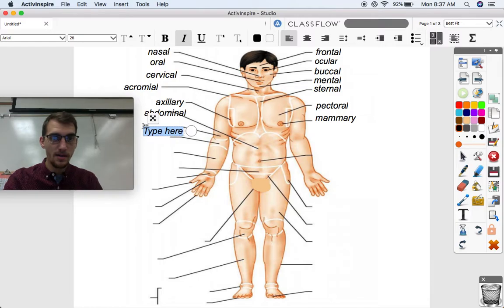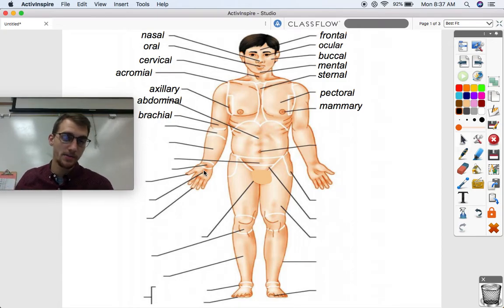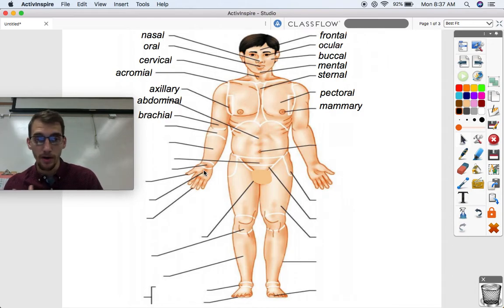This term right here is the brachial region. Brachial refers to the arm right here. So the brachial region is your arm. You may have heard of the brachial artery before. It's a blood vessel that carries oxygenated blood from your heart through your arm. All right.